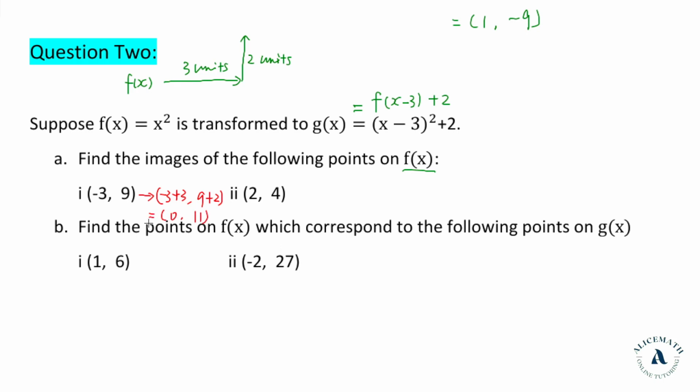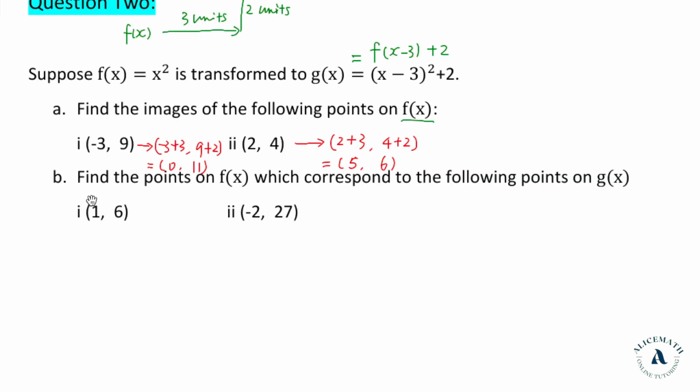Okay, the next point, 2, 4. Use the same way. Move to the right side by 3 units means 2 should add 3. And then keep the same x coordinate and go up by 2 units means 4 plus 2. So the new coordinate of this point is 5, 6.